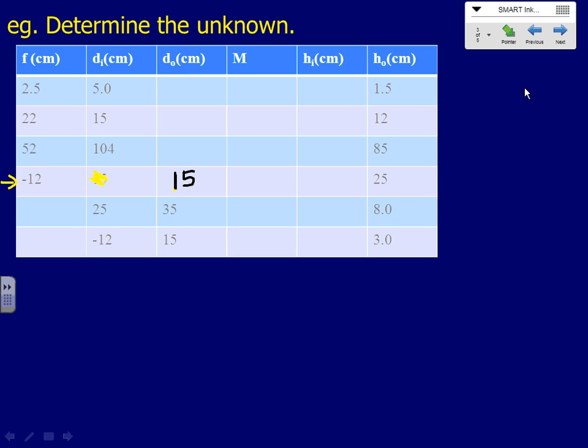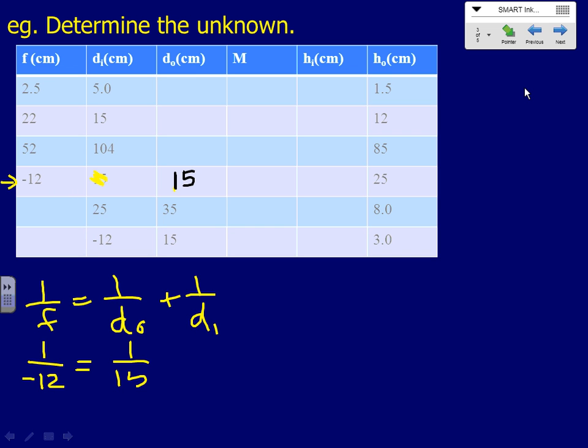The equations are the same. 1 over f equals 1 over do plus 1 over di. Actually, I did it backwards, didn't I? It's 1 over di and 1 over do. It doesn't matter if you flip them around. They're just added, right? So 1 over negative 12 equals 1 over 15 plus 1 over di.